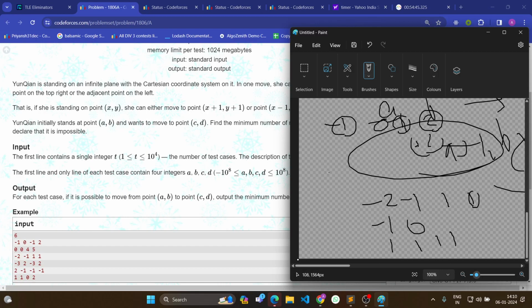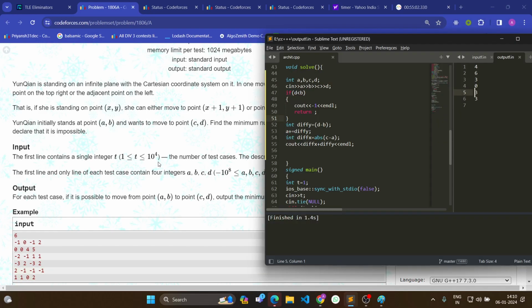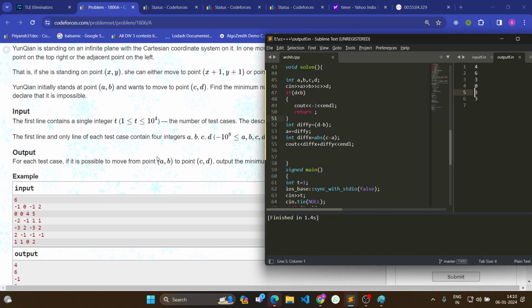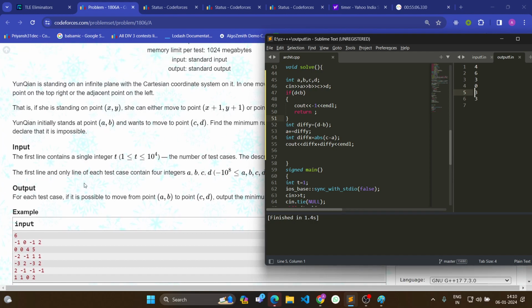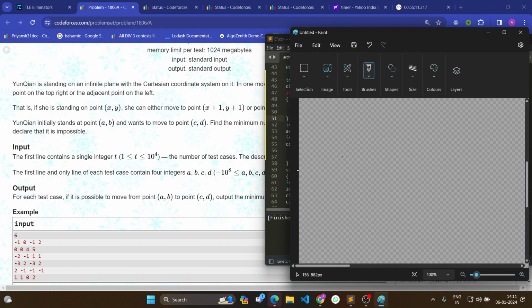Okay, let me see again. Minus 2, minus 1, 1 and 1. So she'll go to point minus 1, 0, then she'll move to the next point. After this, they're at the same position. Minus 2, minus 1, 1 and 1, so she moves 0, this becomes 1, then she moves 2.